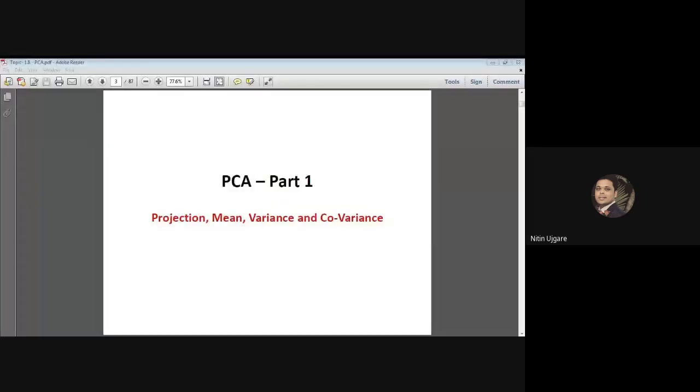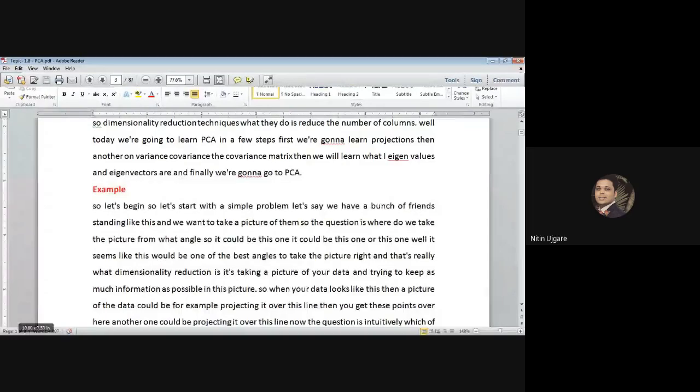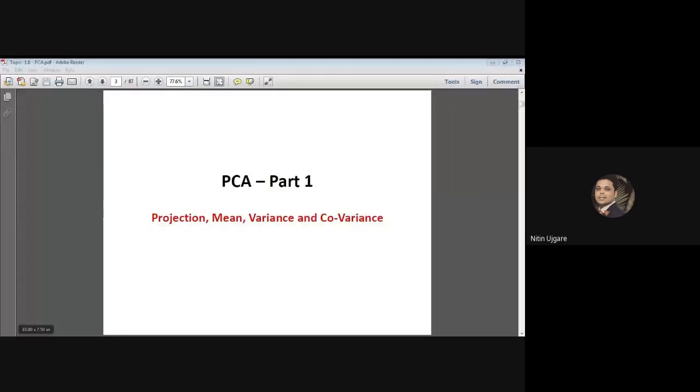I cannot view this actually. What I'll do, I'll just open it in a tab and share the tab.